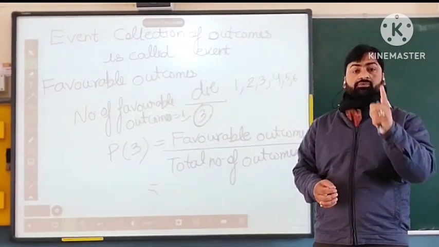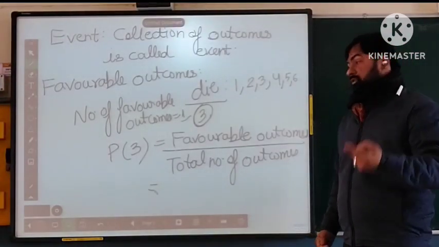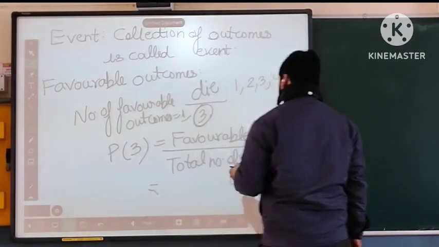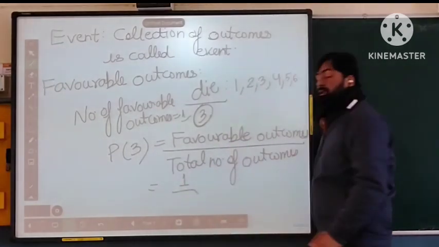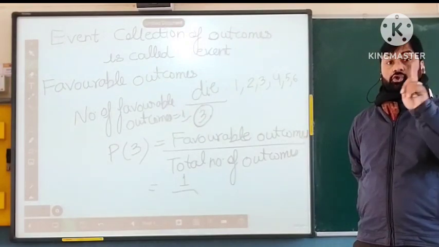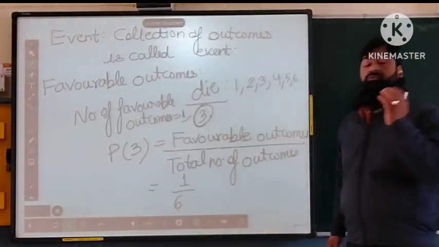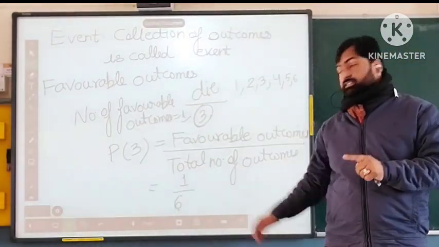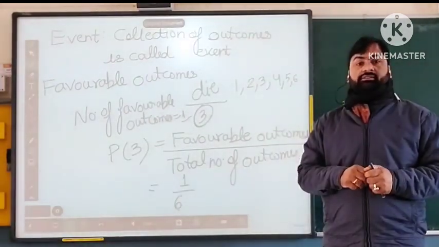Out of the 6 outcomes, only one is favorable. The number of favorable outcomes is 1, and the total number of outcomes possible when throwing the die once is 6. Out of 6 possible results, the one result in our favor is 1.